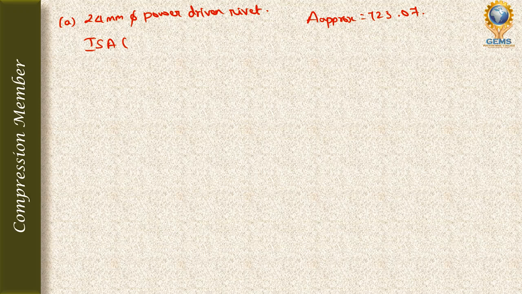Option A, that is 24 mm dia power driven rivet. We found the A approx is equal to 723.07. So by this we are assuming one angle section, that is ISA 60 by 60 by 8 mm.